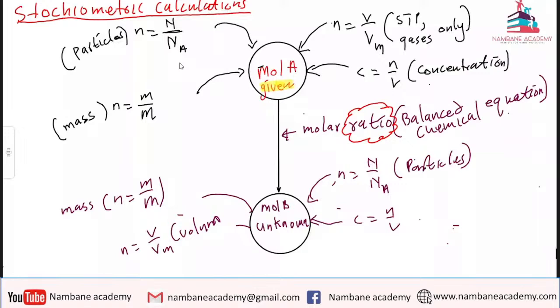Remember, when we started, we said quantitative aspects basically means measure in terms of the substance. So when we perform the stoichiometric calculation, we are either going to calculate the mass, the volume, the concentration, or the number of particles.